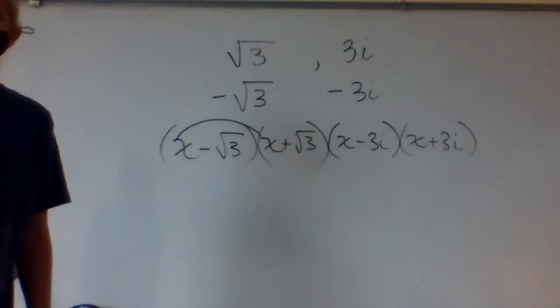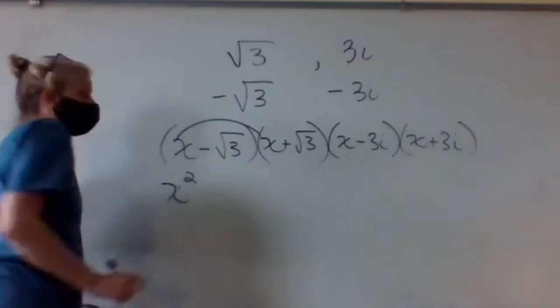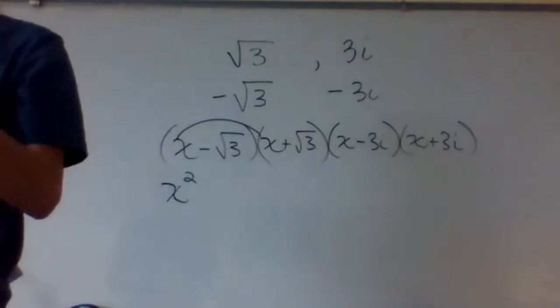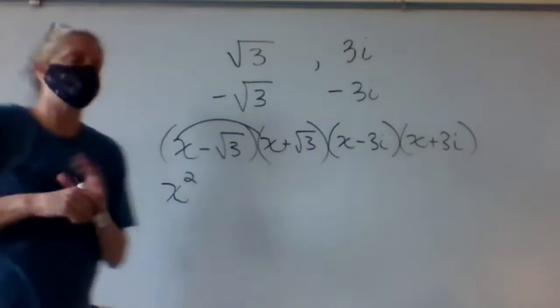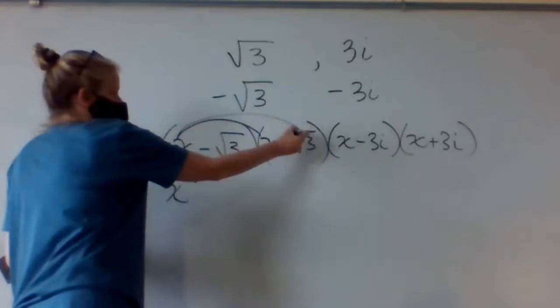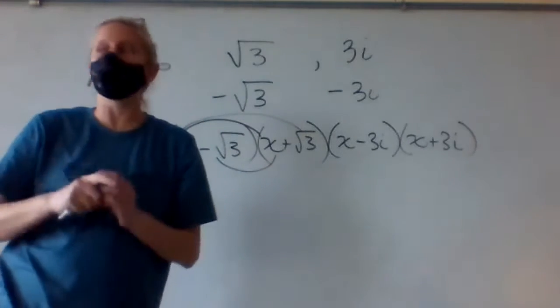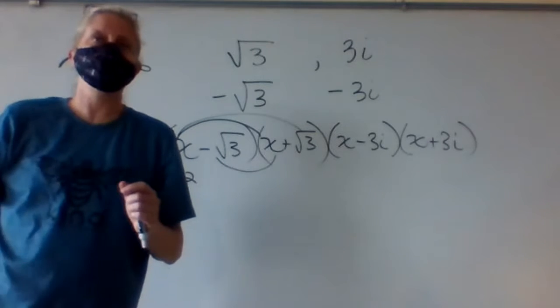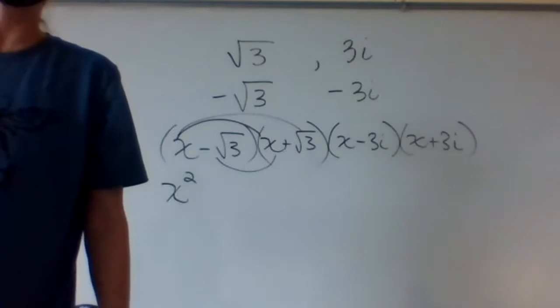My first, x squared, right? x times x is x squared. Now, we did some of these in support. Remember how we talked about what happens when you multiply conjugates together, the outers and the inners? What's always going to happen to those? They cancel. That's exactly right. They're going to cancel each other out.